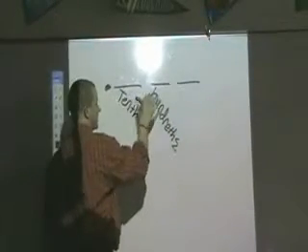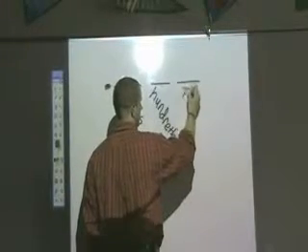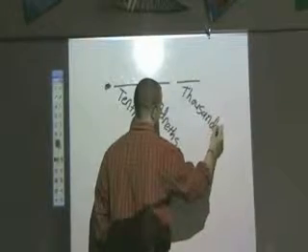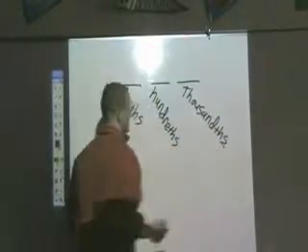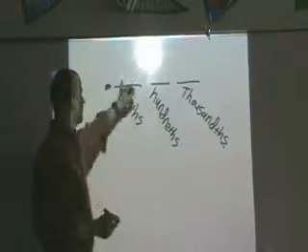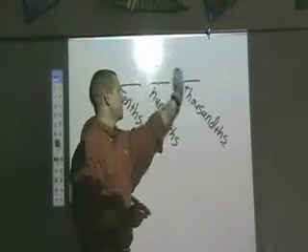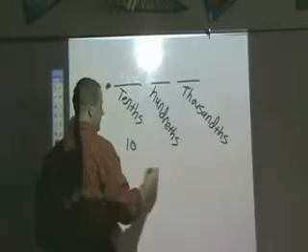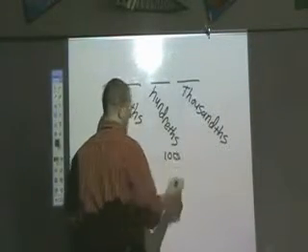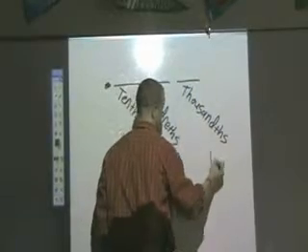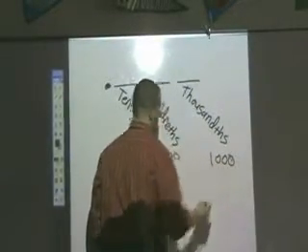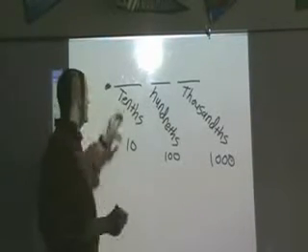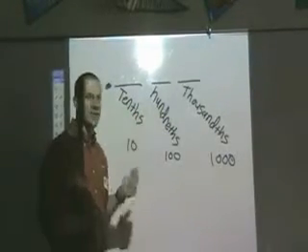So we go tenths, hundredths, and then finally thousandths. So here's the deal. Whatever place value my last number ends in, I'm going to put it over that number. So this one would be 10. This one I would put over 100. If it was thousandths, I would put it over 1,000. Okay? And that is for the kids who like to hear it. So tens, hundreds, thousands, that's the way for them to do it.